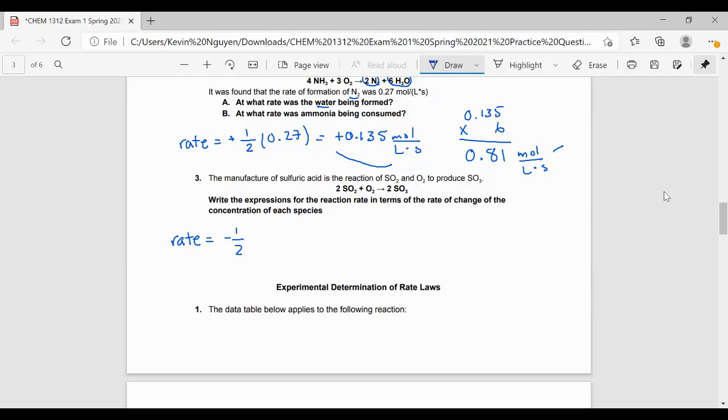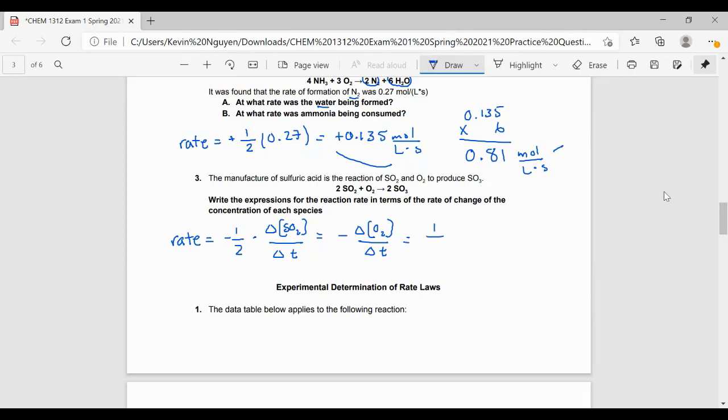Since it has a coefficient of 2, we'll do negative 1/2 times the change in SO2 all over the change in t, which is also equal to negative change in O2 all over delta t.